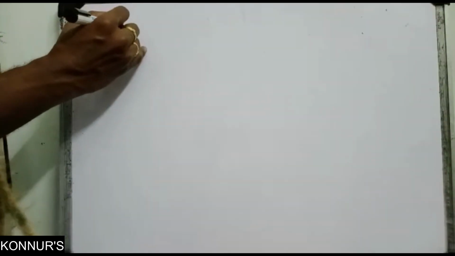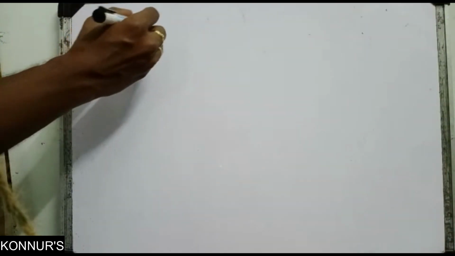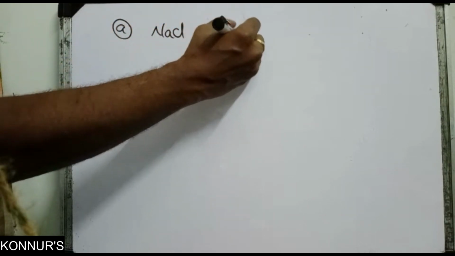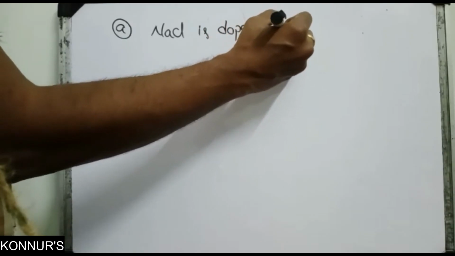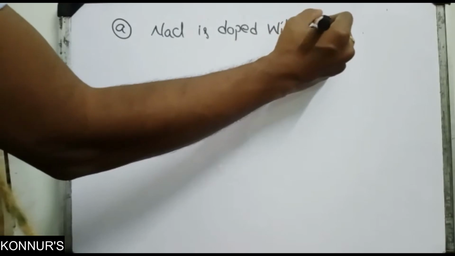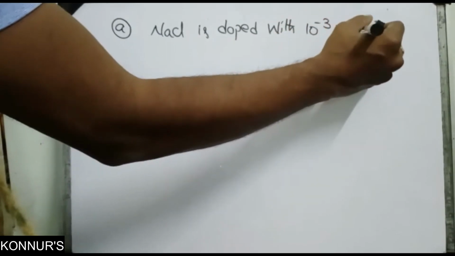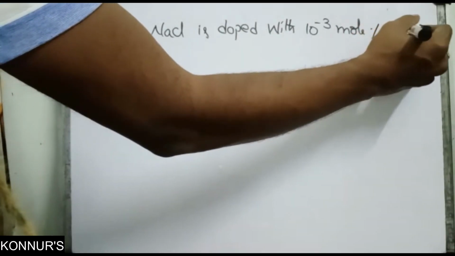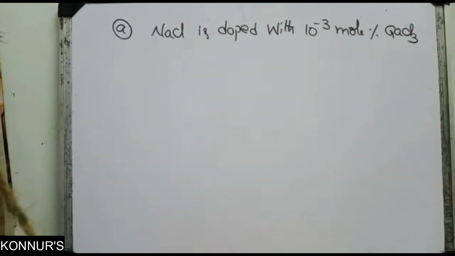Next, some important problems. One: NaCl is doped with 10 to the power of minus 3 mole percentage of gallium chloride, GaCl3.